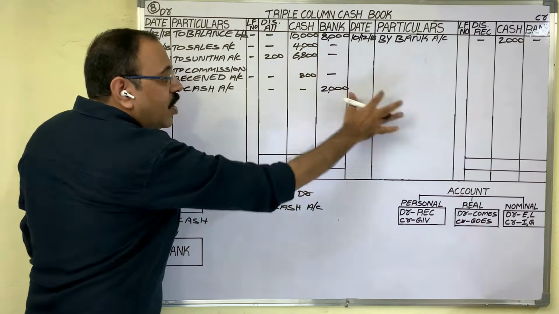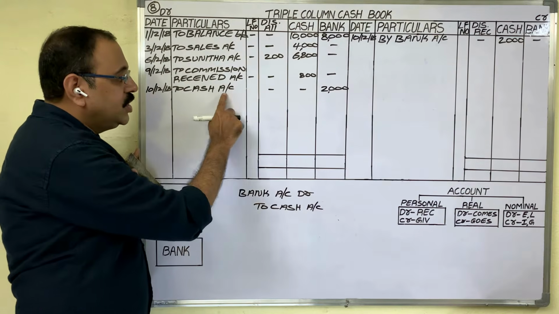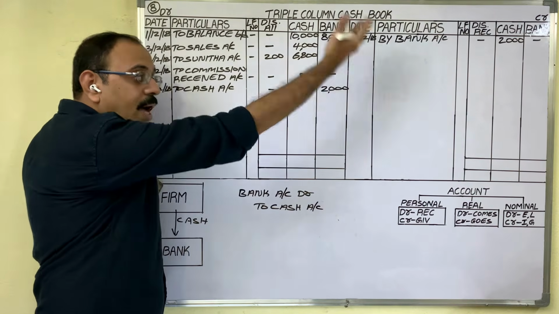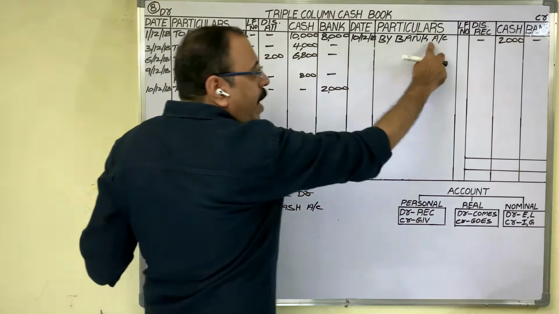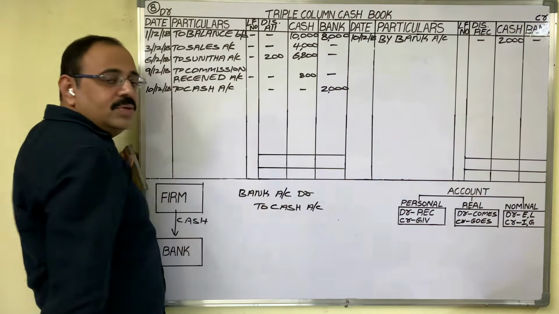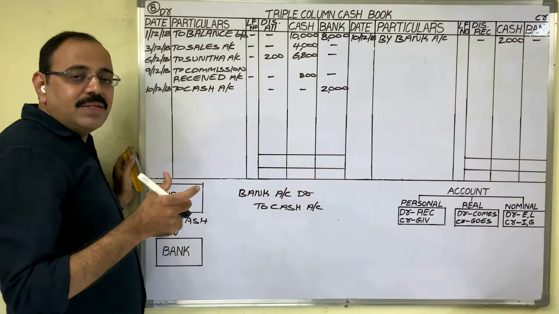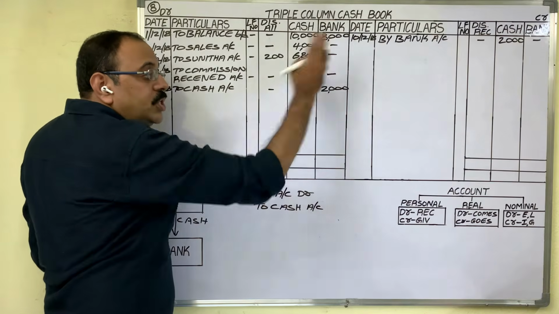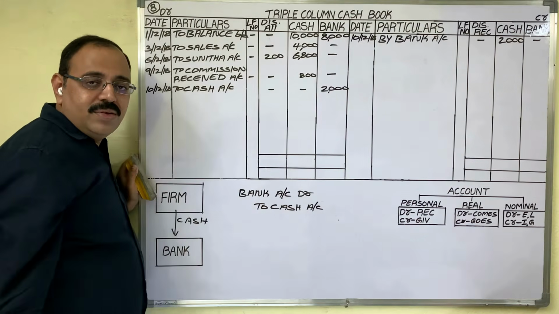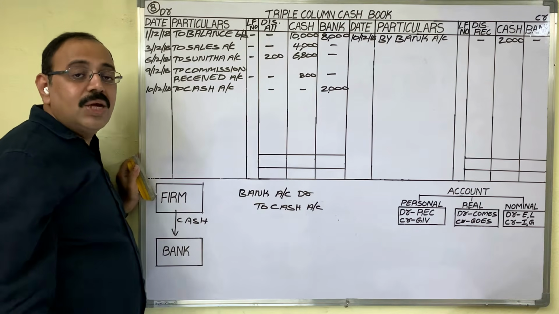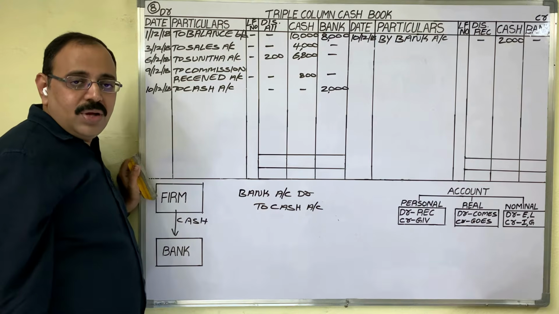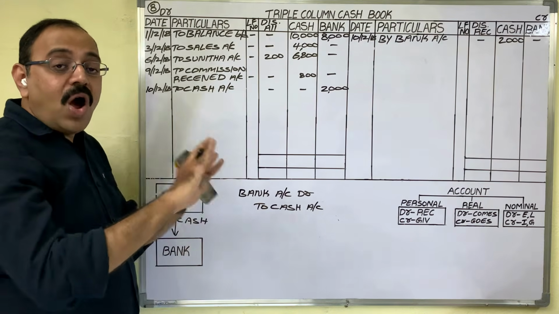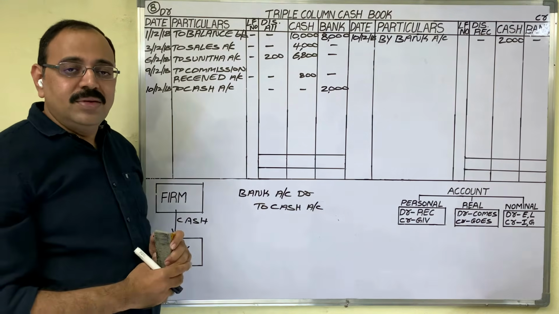Observe how we recorded these transactions. Opposite side we recorded. To cash 2000. On the other side, by bank 2000. So, same transaction, opposite to each other we have recorded. This is known as contra. Contra means what? On the other side.